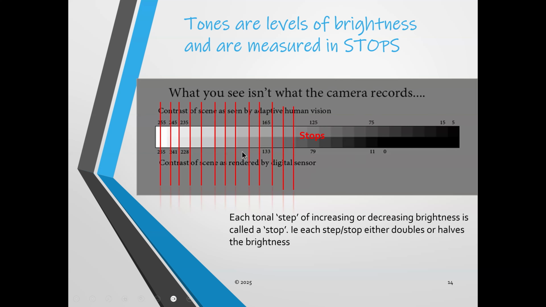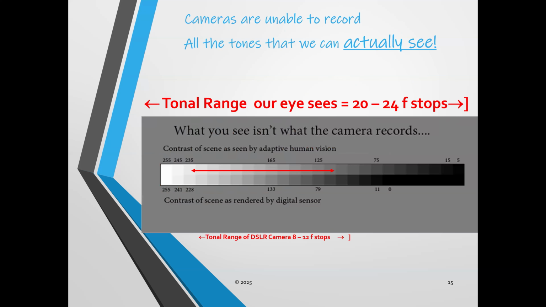We can see all of this in our human vision, and our camera can only see what we call 12 stops. So in our human vision, we can see anything up to 20 stops of light, from the very brightest white to the very darkest dark. And so that's about 15 to 20 stops. And our camera can only see 12. And each tonal step is what is called a stop in photography.